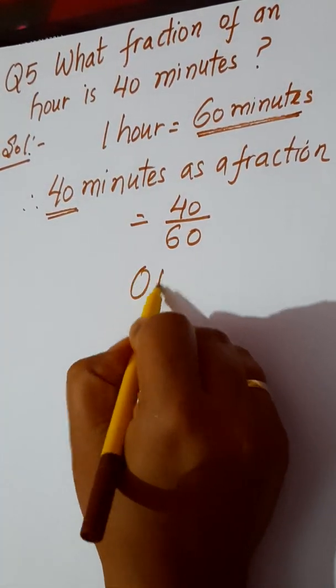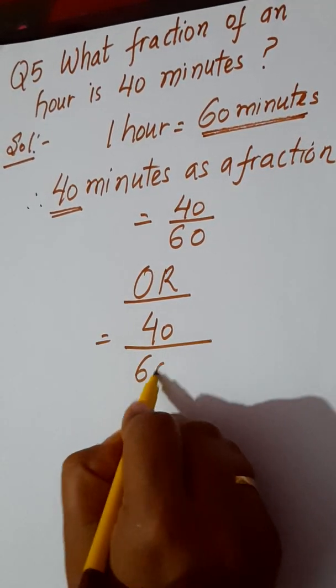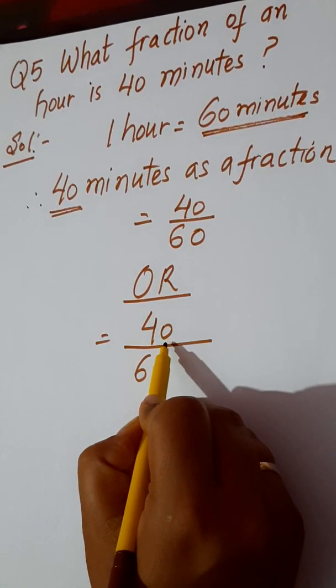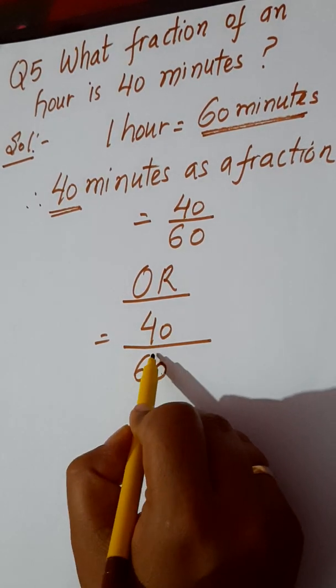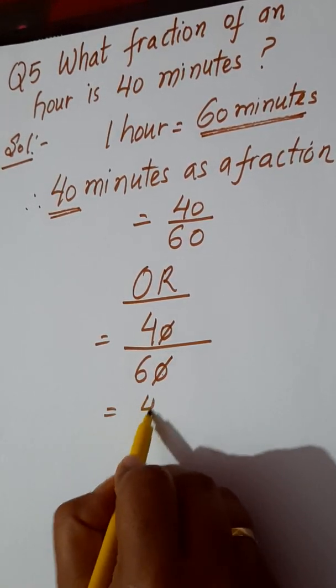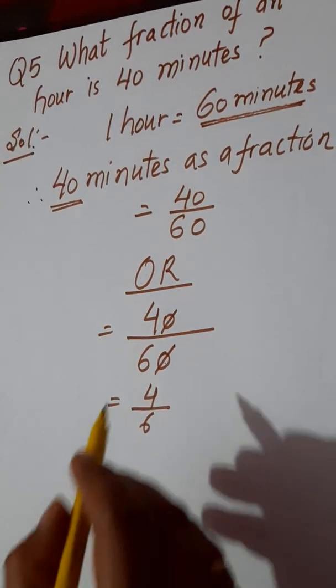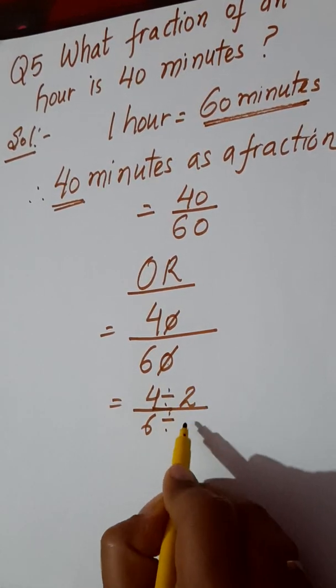Similarly, you can also reduce this 40 upon 60 into lowest form. For this, as we know that here we have 0 at the end of 40 and 0 at the end of 60, you will cancel this 0 with this 0. Now here you are left with 4 upon 6. Now both numerator and denominator are divisible by 2.